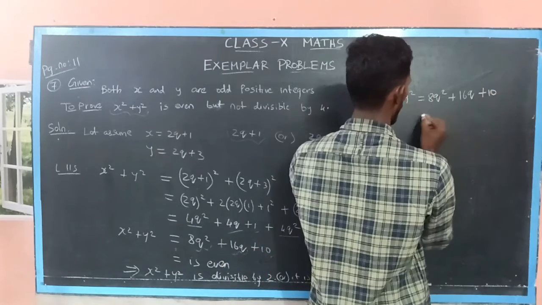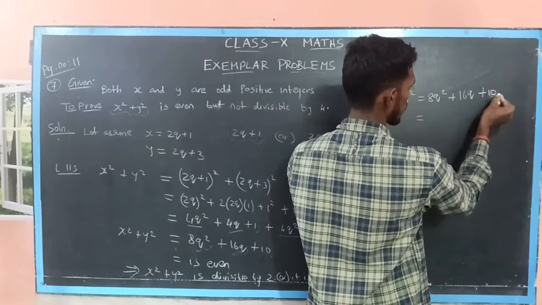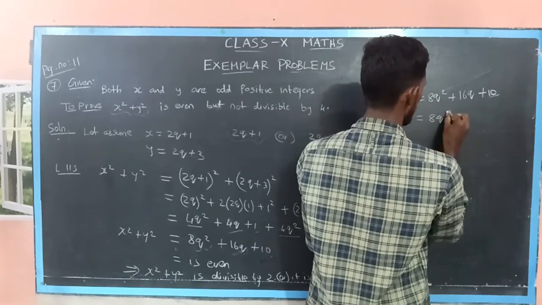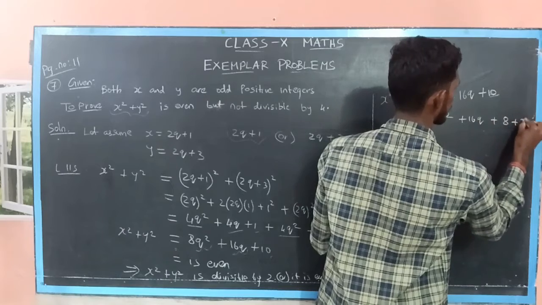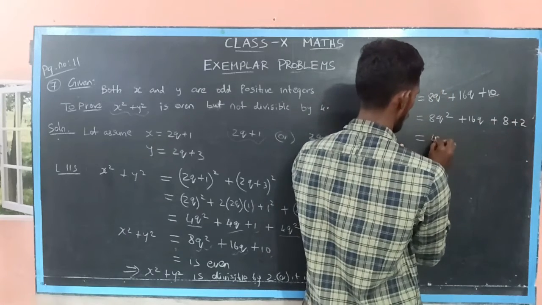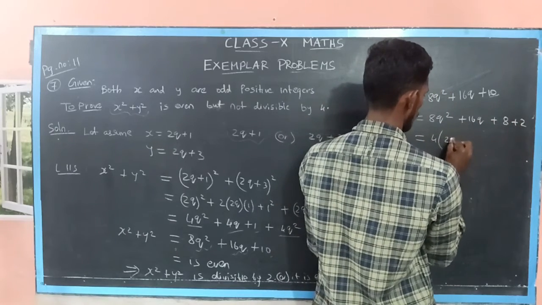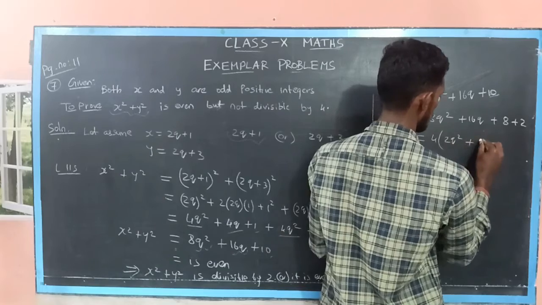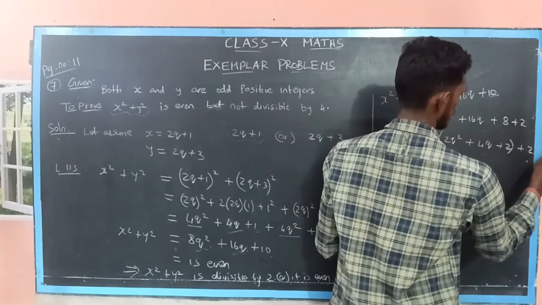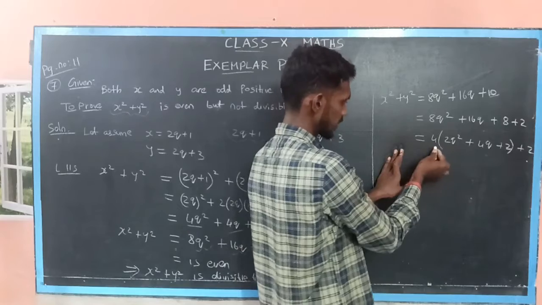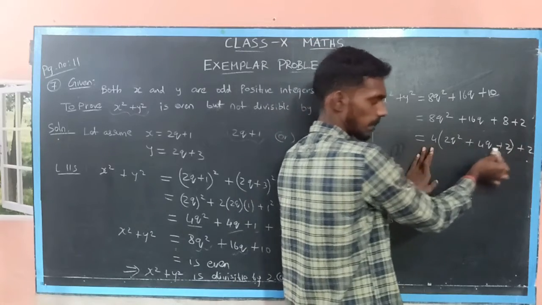For taking out 4 as common, I have to split the number 10. So I am splitting it as 8 plus 2. Now I am taking out 4 as common, I will get 4 into (2q square plus 4q plus 2) plus 2.